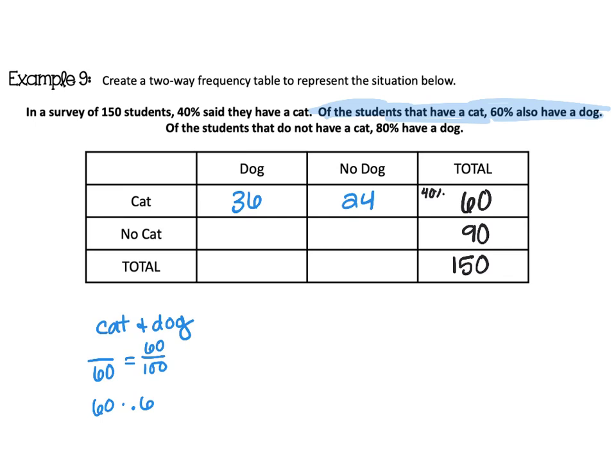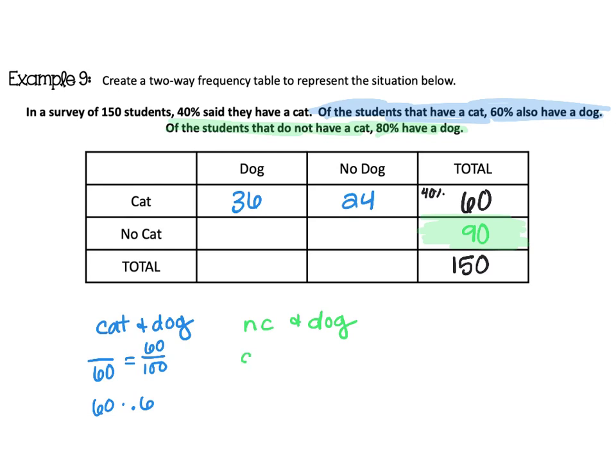Now the next bit of information we were given is of the students that do not have a cat, so this 90 people right here, 80% of them have a dog. So no cat, and they do have a dog, so 80% of them have a dog.